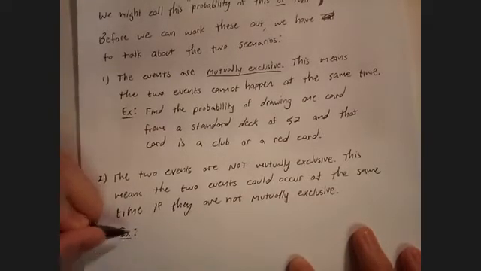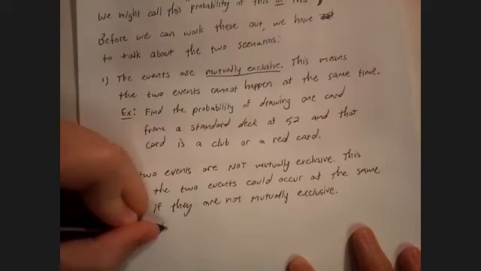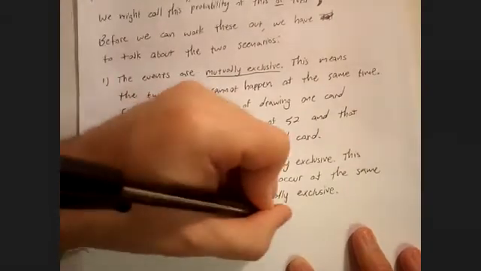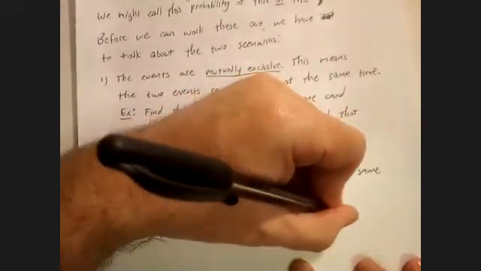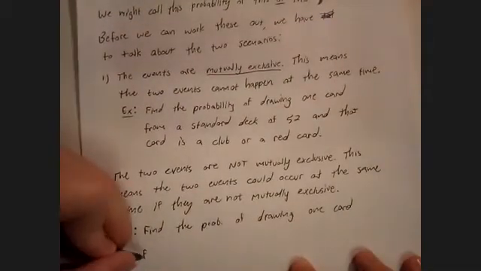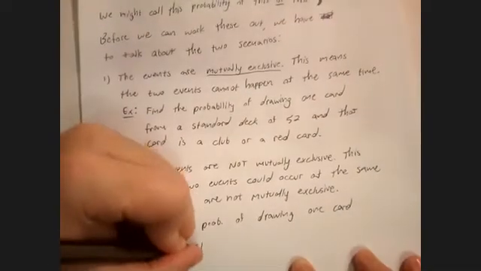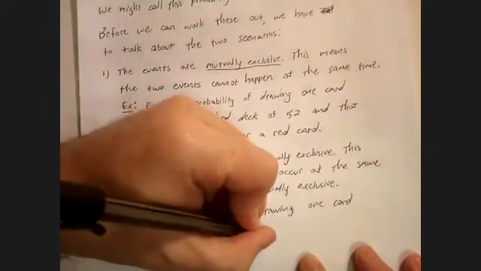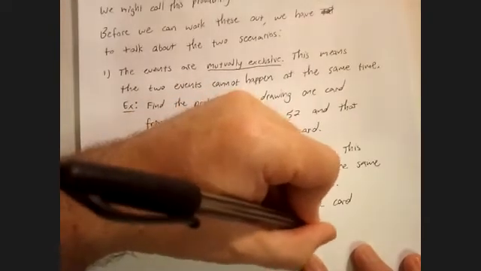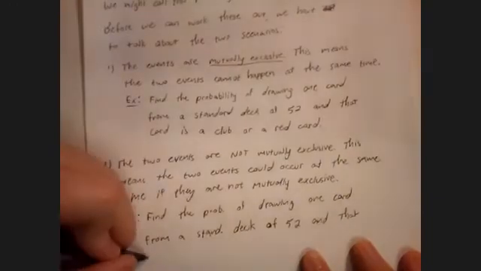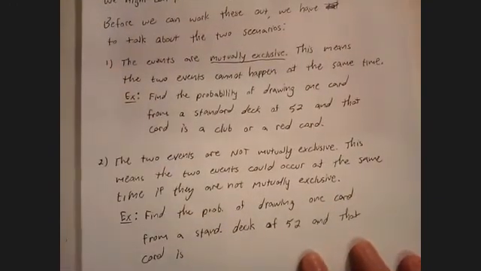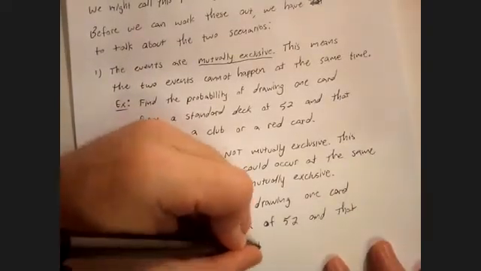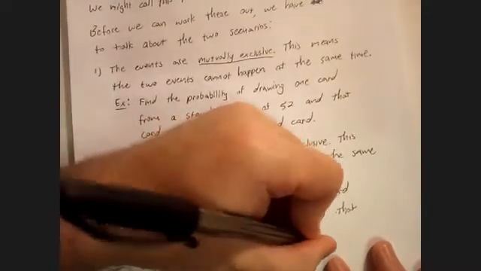So if I think back to a deck of cards, find the probability of drawing one card from the standard deck of 52 and that card is either a club or a king.